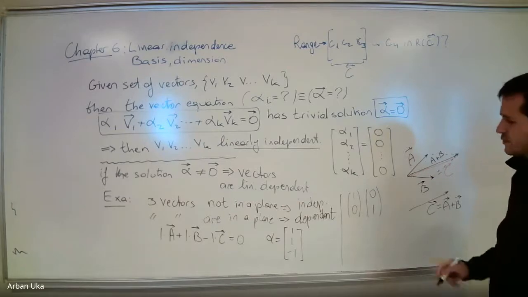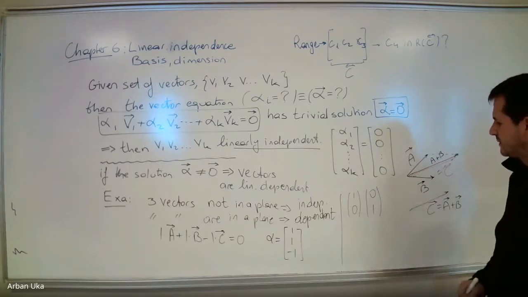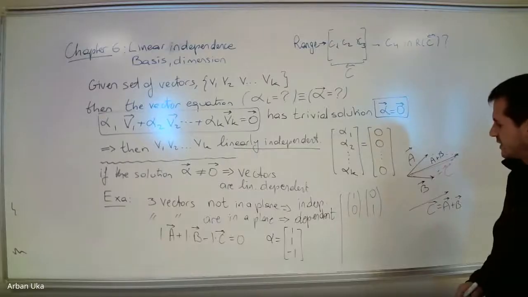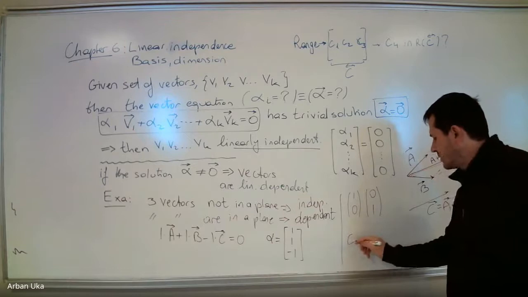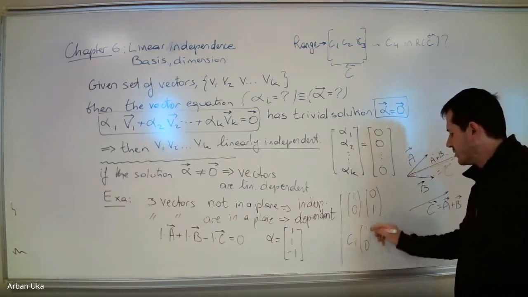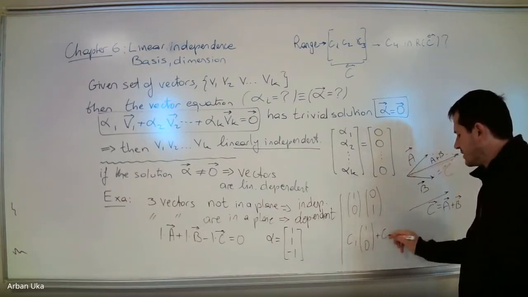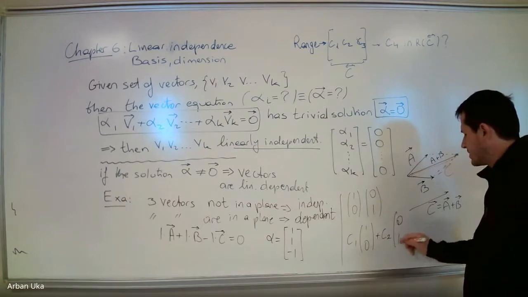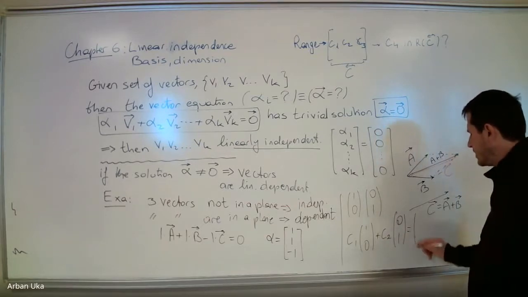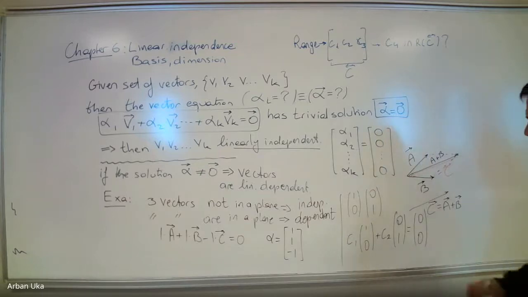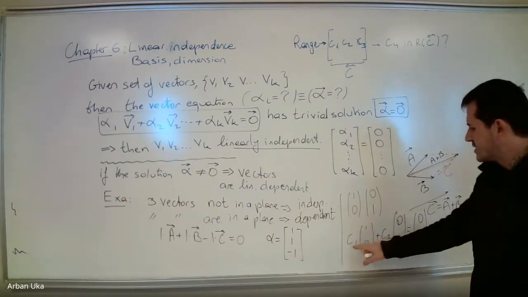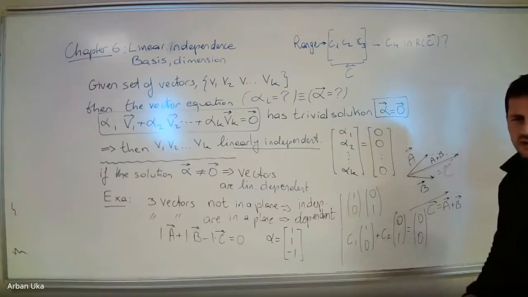How would you comment on this one? Dependent or independent? Independent. These are independent because if we multiply the coefficient C1 times (1, 0) plus C2 times (0, 1), this is equal to (0, 0) only when C1 is equal to C2 is equal to 0.